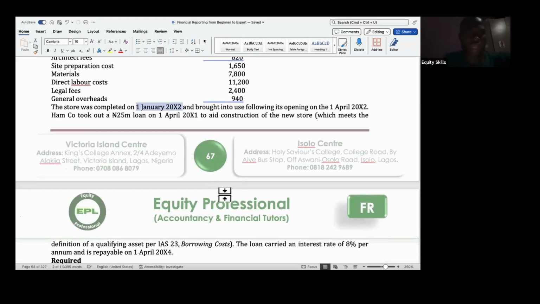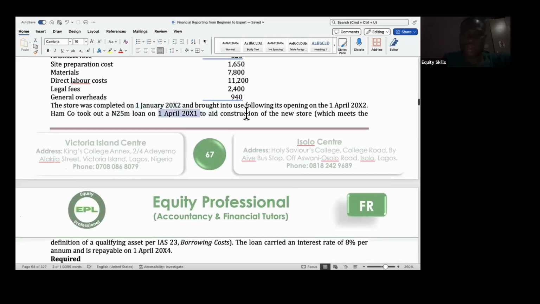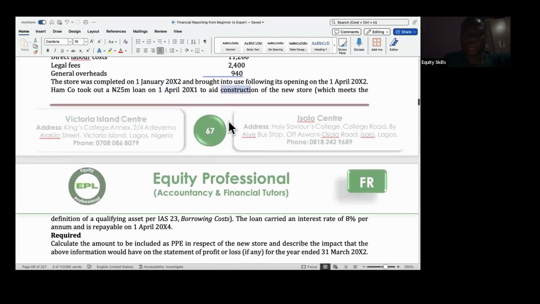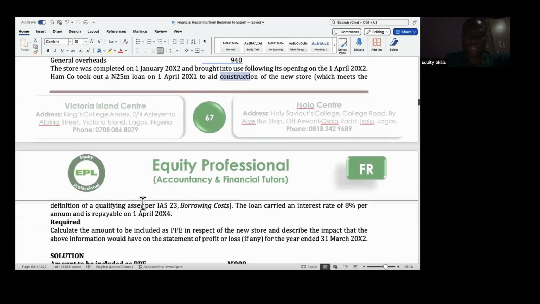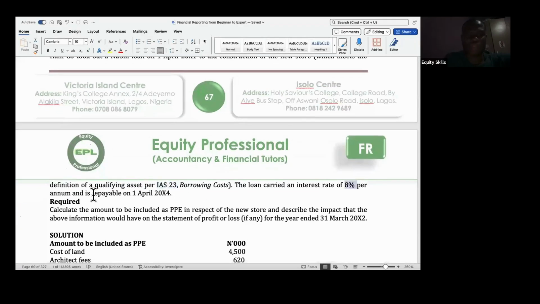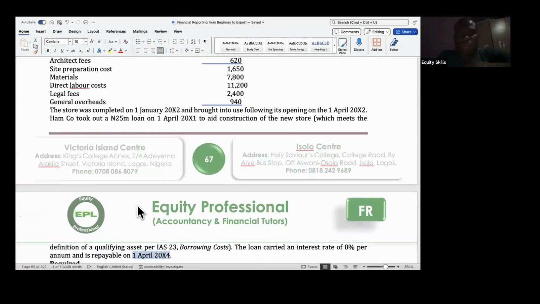Okay, but now the question is not even looking at all of that. What the question is looking at is that this company took a loan when they started construction in April to aid construction of the new store. And this new store meets the definition of assets in IAS 23. The interest rate is 8%, and they're supposed to repay the loan in April 2004. What this one is talking about is borrowing cost.